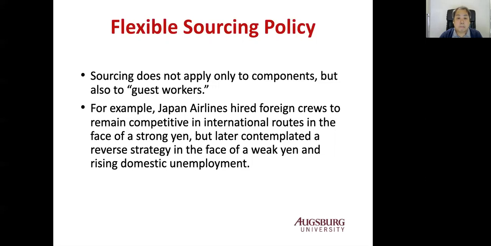But later contemplated a reverse strategy, because the yen becomes weaker, and if the dollar becomes stronger, then they hire more people in Japan rather than in the United States, so that they save money. So depending on the situation, they can flexibly change the sourcing policy.